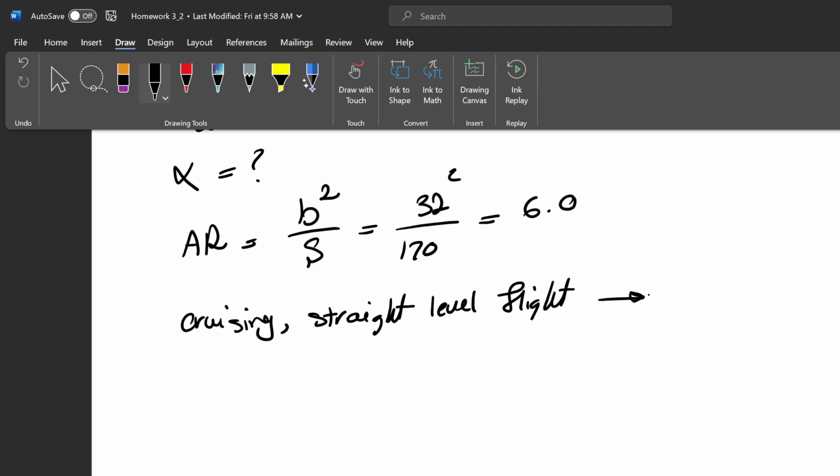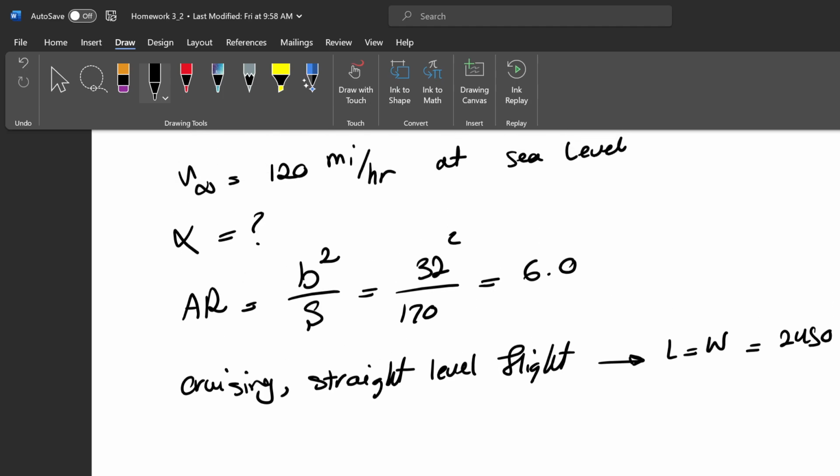It tells you that your lift is equal to weight. If lift was higher than weight, you would have pitched up. If it was smaller, you would have lost elevation, lost altitude. So we already have our lift, which is 2,450 pounds. Okay. What else do we need to know?